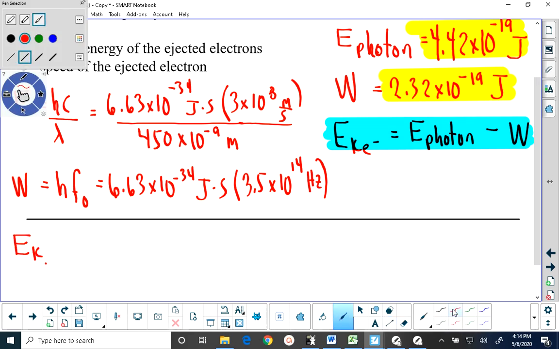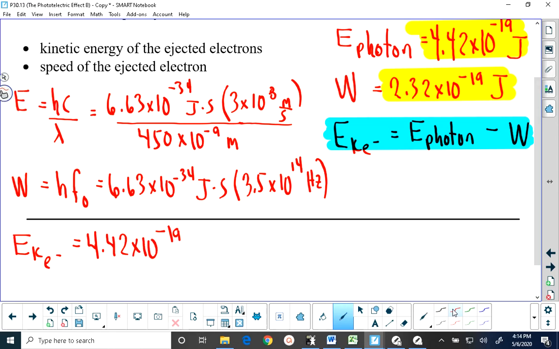The kinetic energy of the electron, once it escapes the metal, will be equal to the energy that the photon gave it minus the price that has to be paid to remove itself from the metal, also known as the work function. And if we subtract those two numbers, then we are going to get the kinetic energy of the electron.